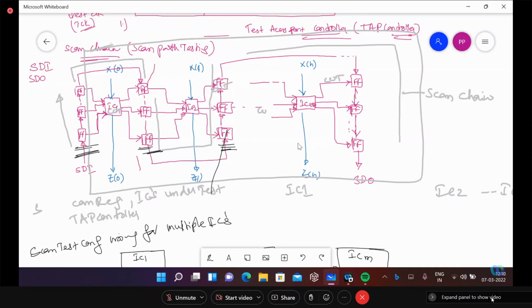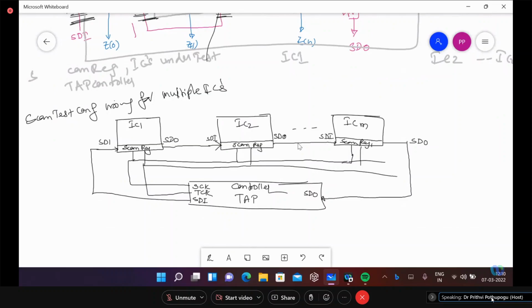Now, plenty number of ICs, if you want to test using a tap controller and the scan register setup, different ICs can be placed on the same platform and you can test all the ICs at a time. This is the scan testing or scan path testing approach.